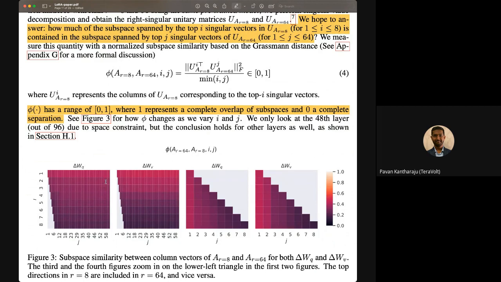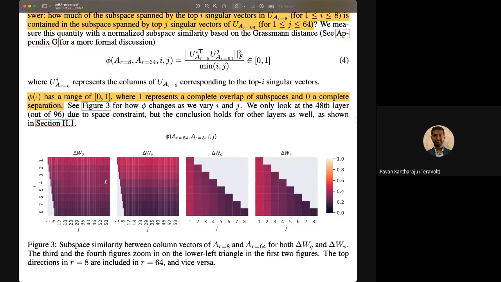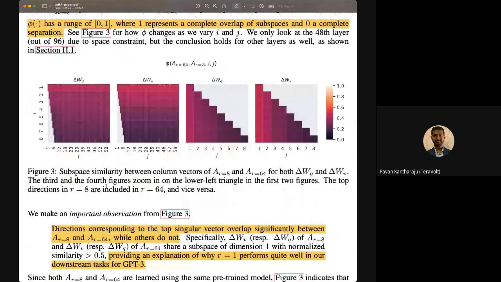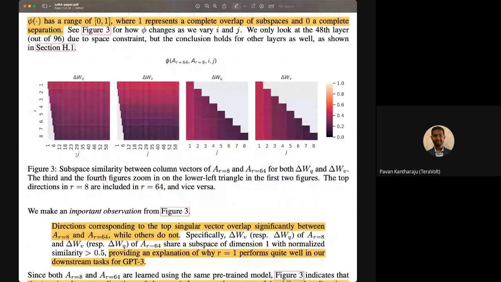And what they see is that at rank 1, so if you were just to use the top singular vector, that already has a pretty decent overlap between 8 and 64. The remaining don't have much of an overlap, but 1 specifically does have a pretty high overlap.